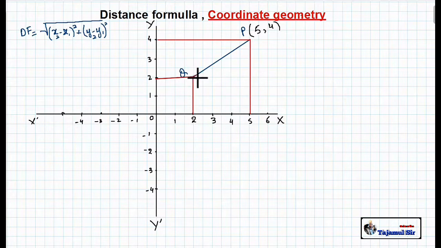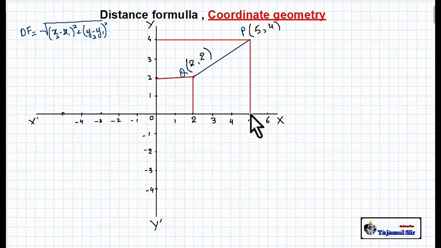It means this point Q has x-axis coordinate 2 and y coordinate also 2. I will write down here. So we saw that point P has coordinates 5 and 4 and point Q has coordinates 2 and 2.